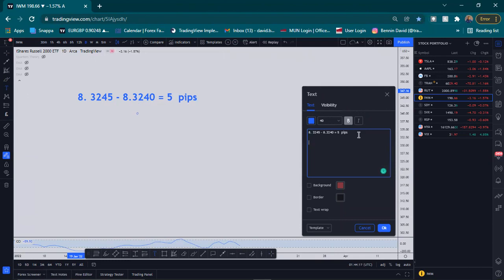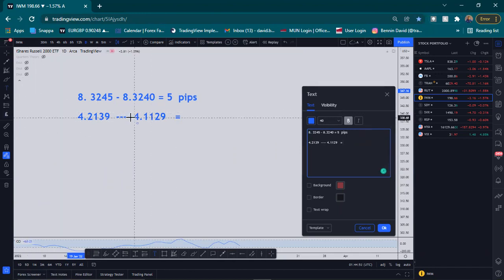If we have a currency that is 4.2139 and it changes to 4.1129, because there's 4 in front of both of them, we subtract 1129 from 2139.